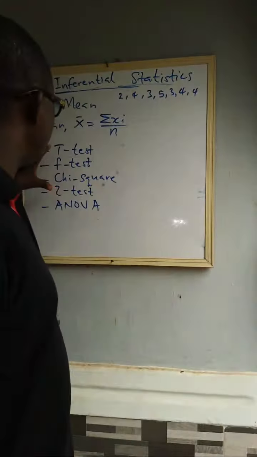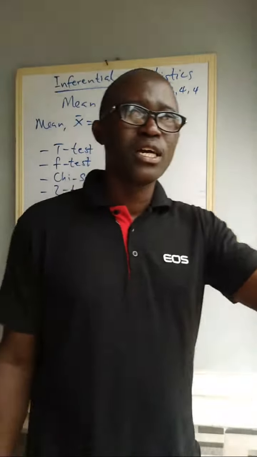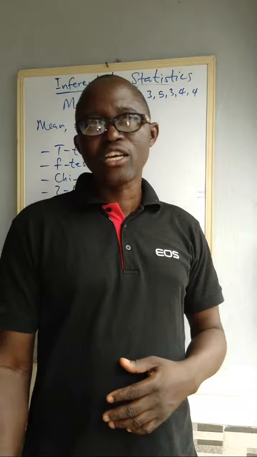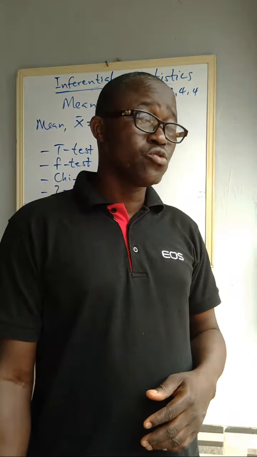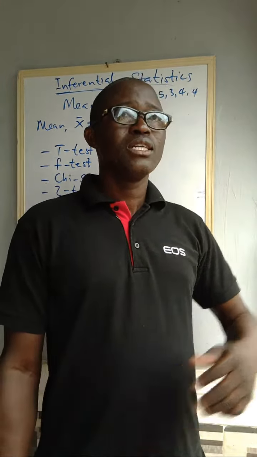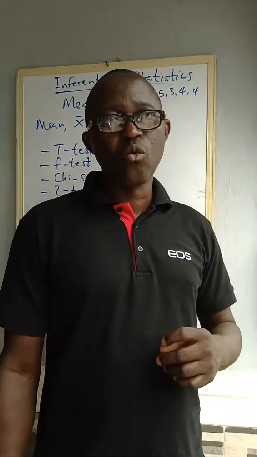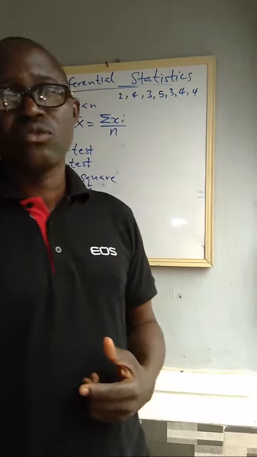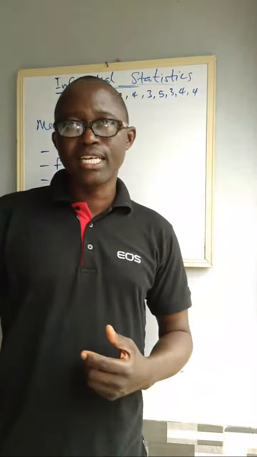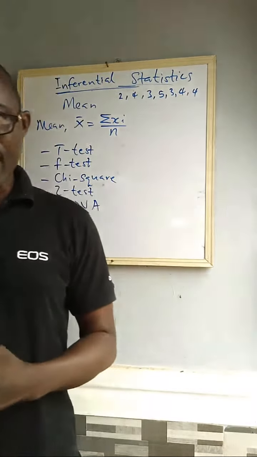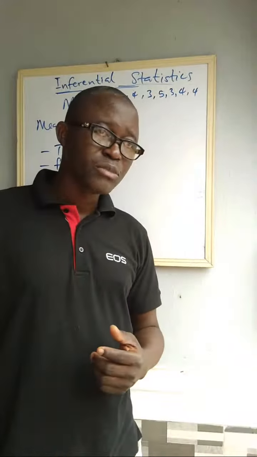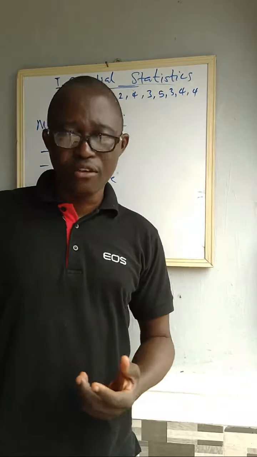Before you decide the test statistic, you must have observed the quantitative data you have, to know which inferential test is applicable. After that, you subject the data to the test so that you can make an inference.